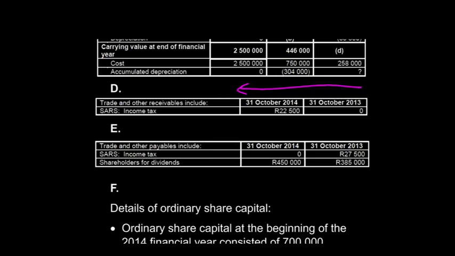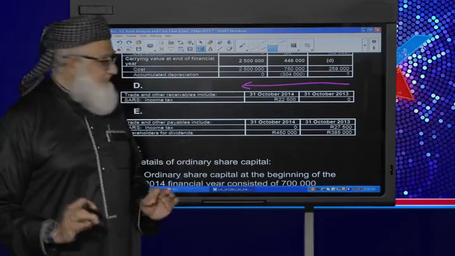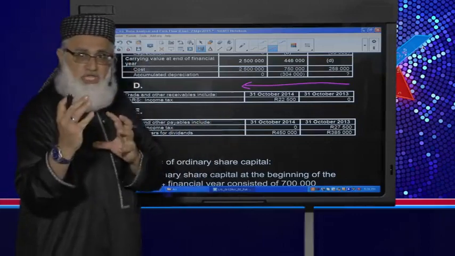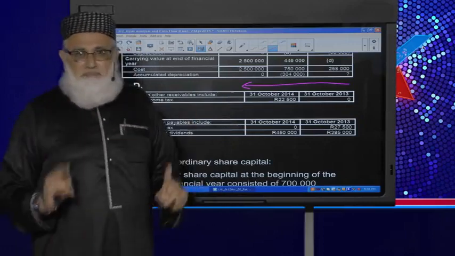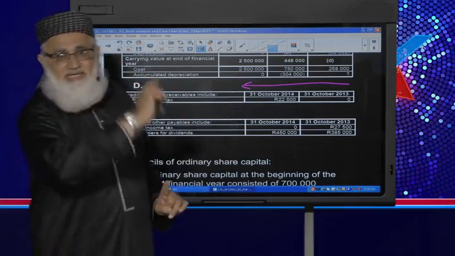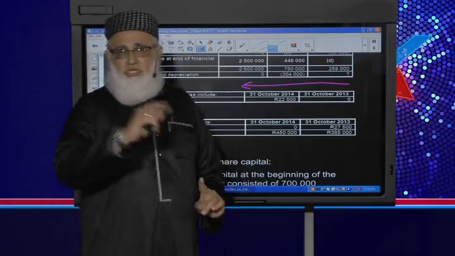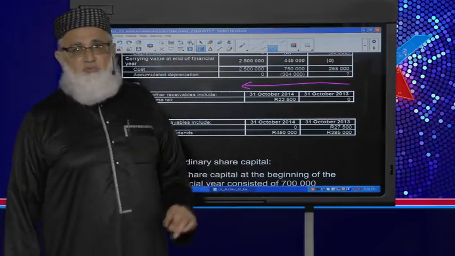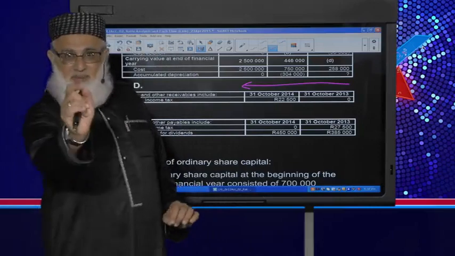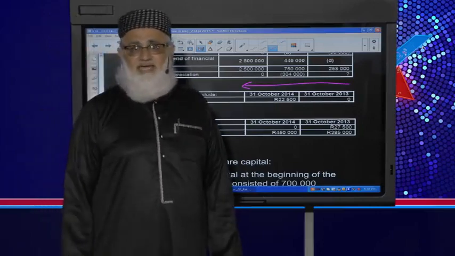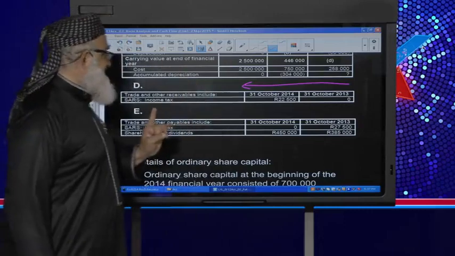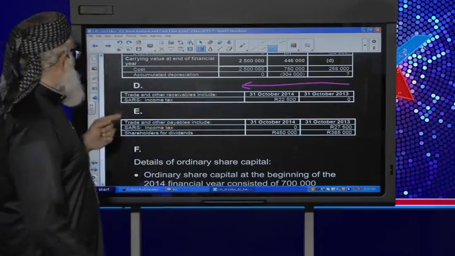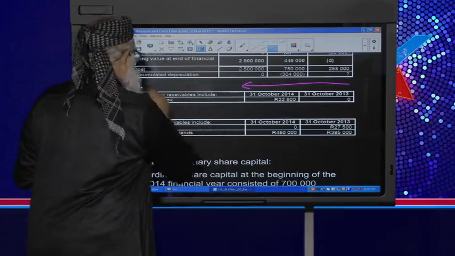This means that it was a liability. So immediately, what I want you to see is, if somebody asks you the question, what type of an account is SARS income tax? What will your response be? Your response will be, it depends. That's right. It depends on what? On whether SARS income tax has a debit balance appearing under receivables.